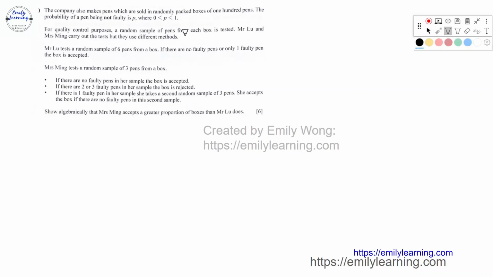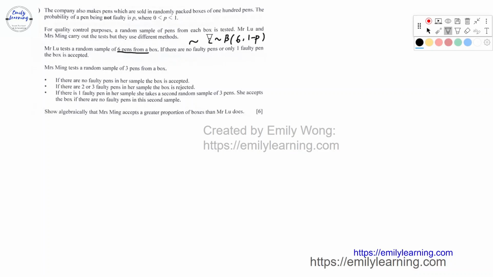Okay, so we know that for Mr. Lu, he tests 6 pens, right? So we can let L be the number of defective pens out of 6. P is the probability of a pen being not defective, so defective is 1 minus p.